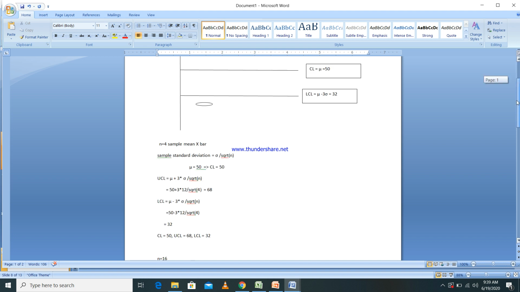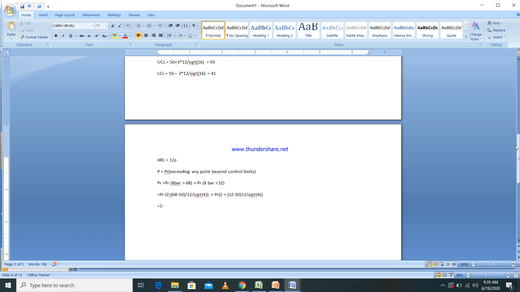That is, if you can find any point between this 32, that is if you can find x bar between 32 and 68, that is your process is in control. And since we are considering the complement of that, you can calculate this probability by 1 minus probability where the process is in control, that is all the points are in between 32 and 68.